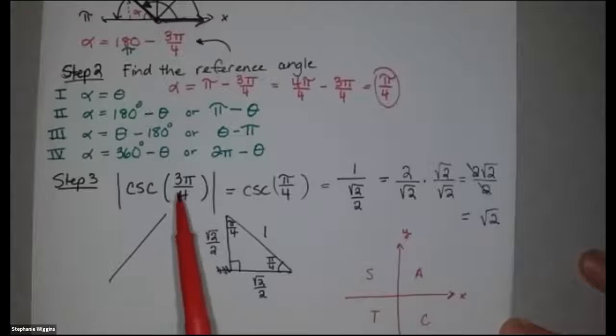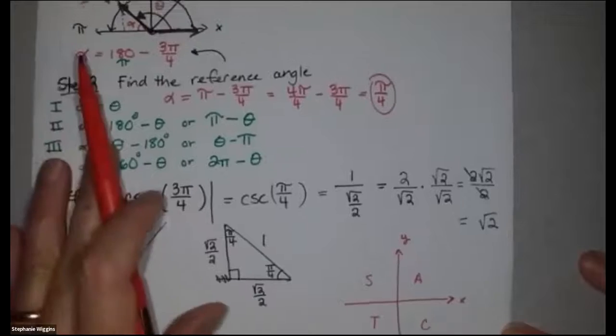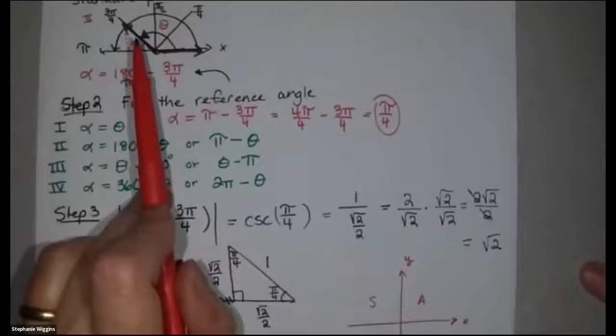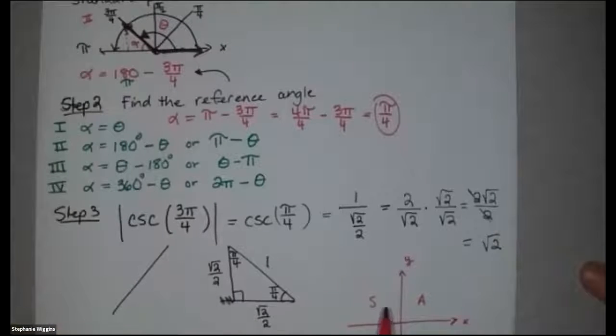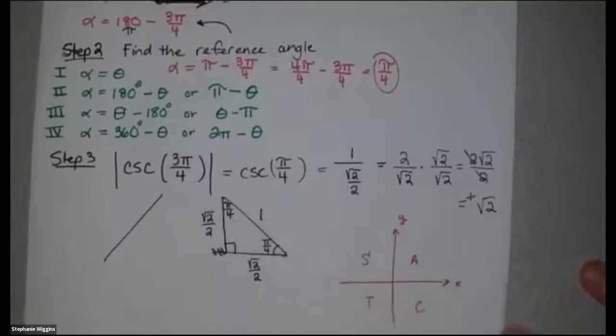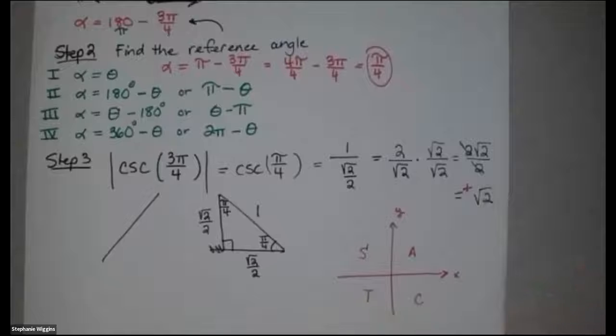So we're just focusing on the second quadrant. That's our angle right here in the second quadrant. So we know that cosecant is positive along with its reciprocal in this quadrant. So we know that our sine is going to be positive, okay? So step 3 is you're going to find the magnitude of your trig function.